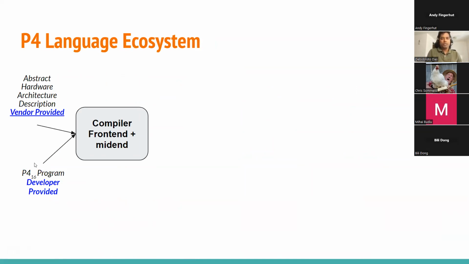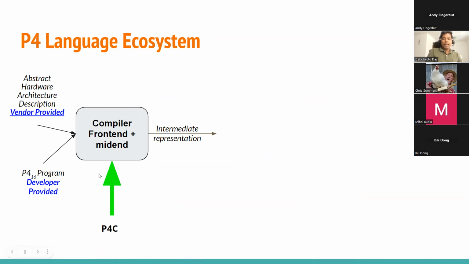So these two things are provided to the compiler frontend. The compiler frontend and midend do the program syntax and some semantic analysis. They do some kind of optimization. This part is available as P4C, the P4 compiler from the P4 consortium.